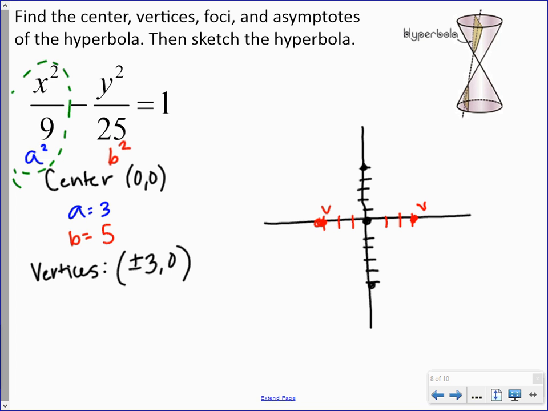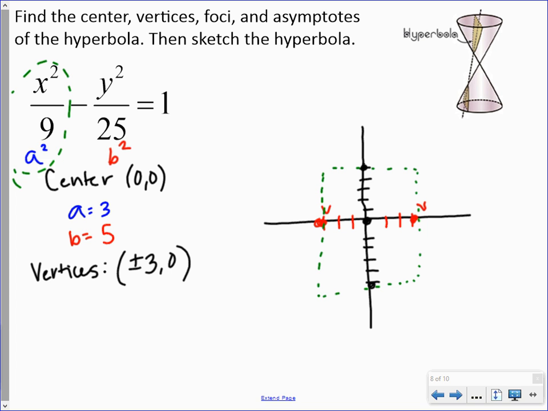You have these 4 points that normally, if we were doing an ellipse, we'd draw a round shape. We're going to use those 4 points to draw a rectangle. Rectangle, not a diamond. It's not connecting the 4 as corners. We need right angles. Draw a little rectangle right there with those 4 points. You're going out 3 in both directions, and up and down 5 in both directions.